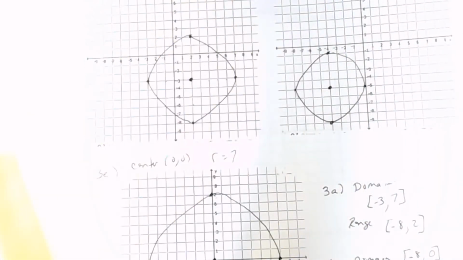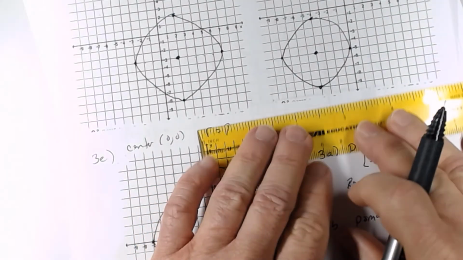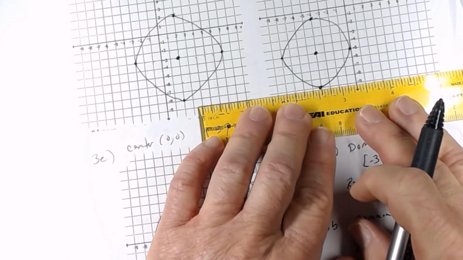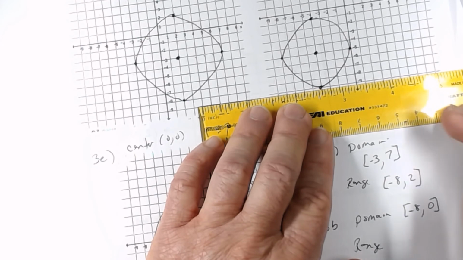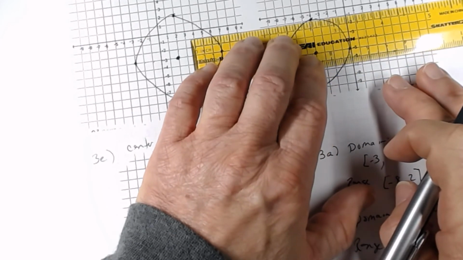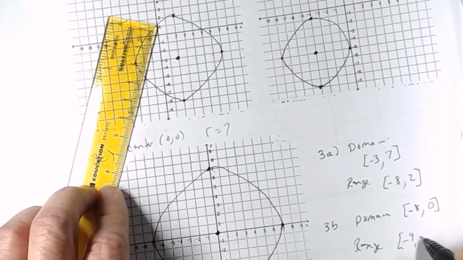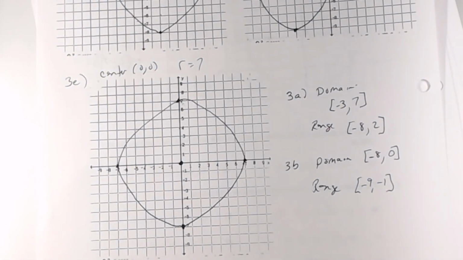And then what's the range? Go along the y-axis. Oh, you did the range, because you said negative 9, negative 1. So negative 9 all the way to what? Negative 1. Okay?